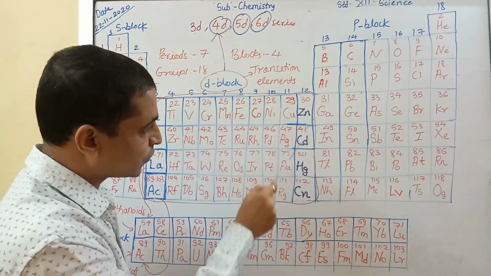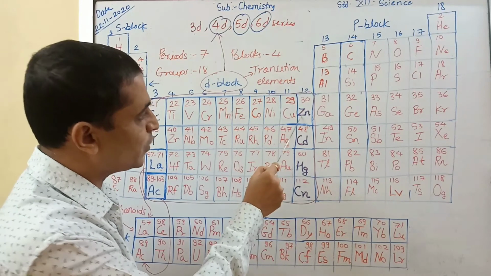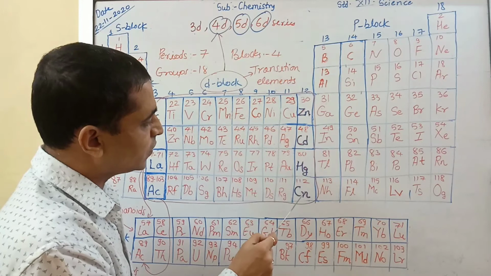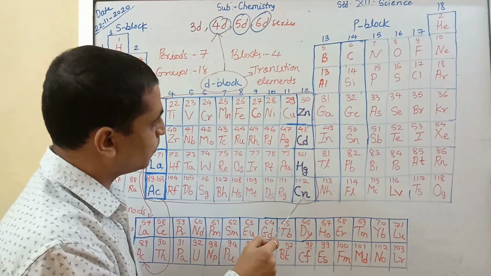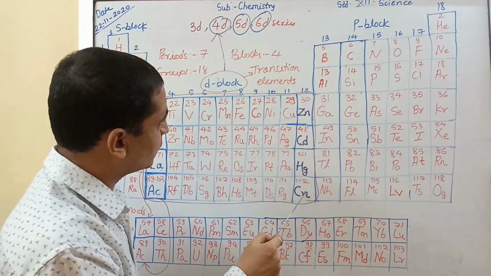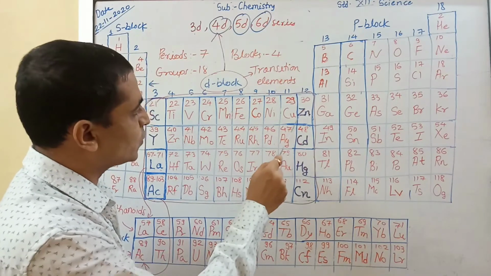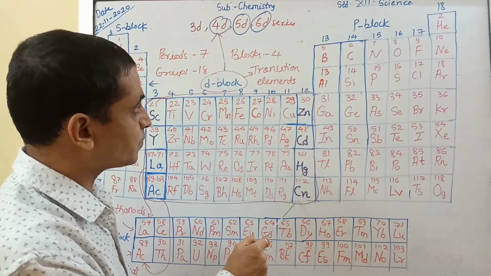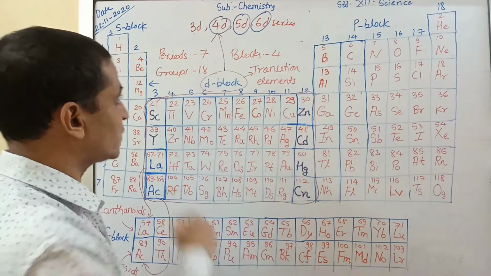Strictly, they are not transition elements because they do not have an incompletely filled d subshell in elementary or ionic state, but since they show similar properties to the transition elements, they are studied under transition elements. I hope you understood this concept.